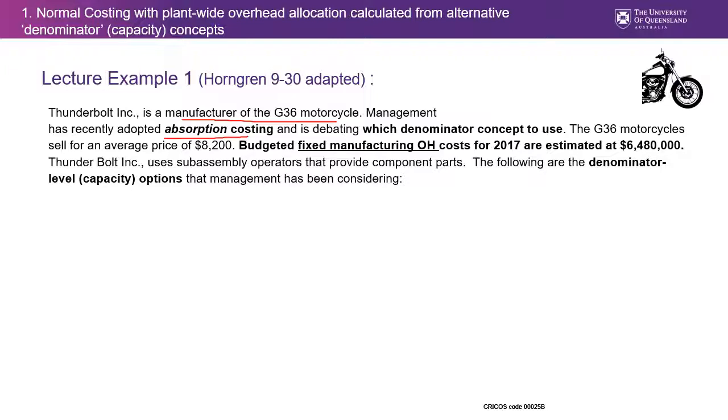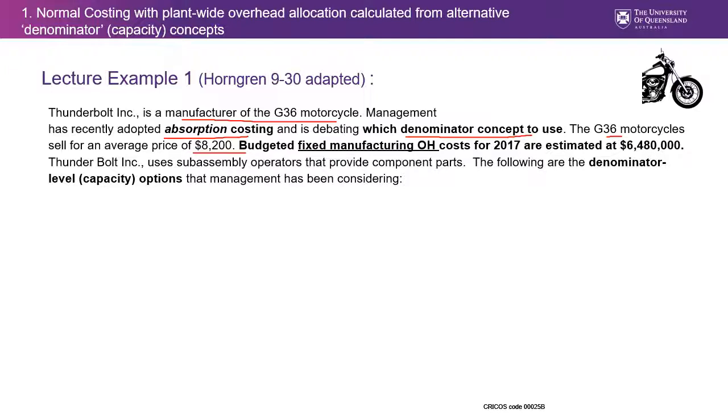That means that both variable and fixed costs are included in the calculation of the product. Still only manufacturing costs. It's debating which denominator concept to use: theoretical capacity, practical capacity, normal capacity, or master budget capacity. The G36 motorcycles sell for an average of $8,200 per unit.